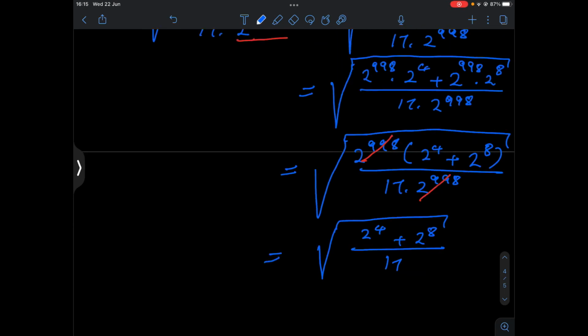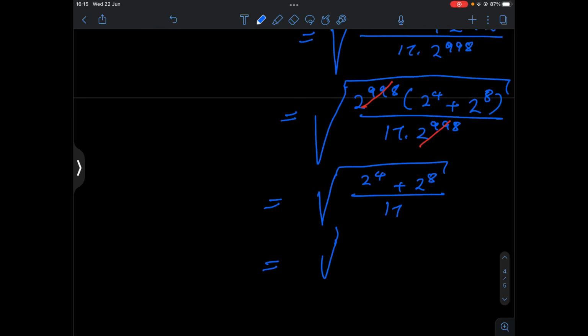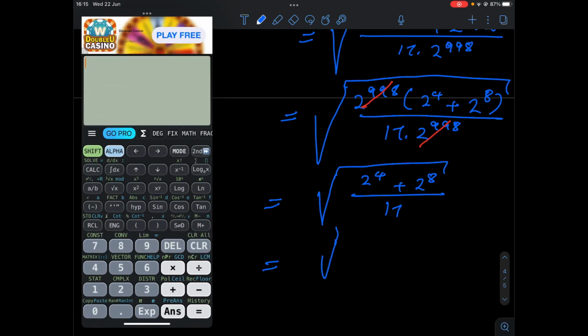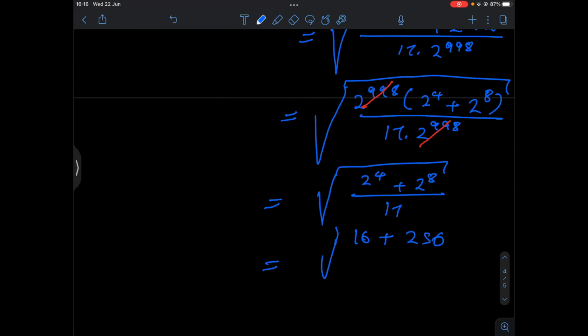So if we use our calculator there, clear. So 2 to the power of 4 gives us 16 plus 2 to the power of 8, it gives us 256, all divided by 17.